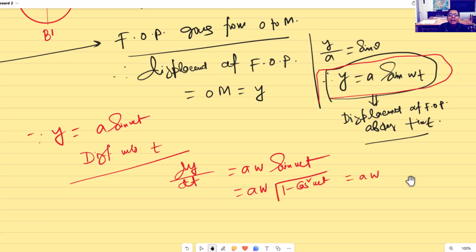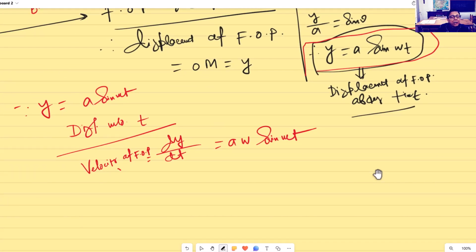So this velocity of foot of perpendicular is A omega cos omega t.